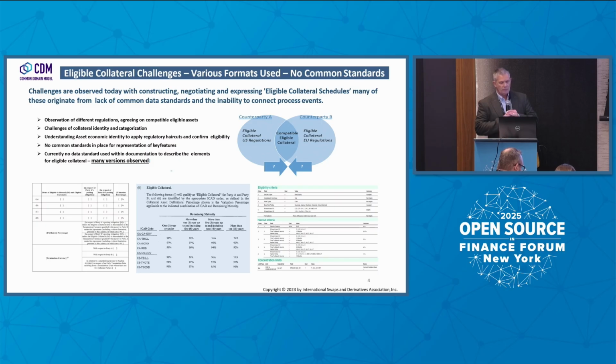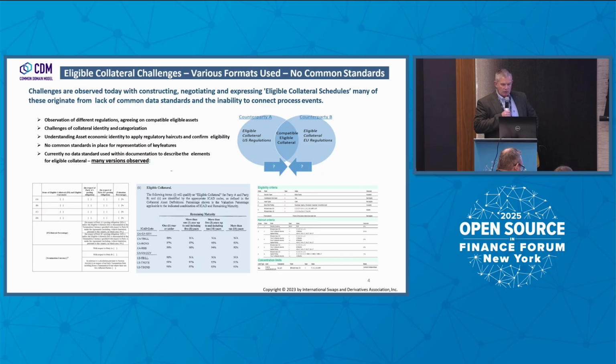So, eligible collateral schedules, if you're familiar with them, is where we represent collateral assets and their eligibility terms to exchange between one another within their documentation for collateral management. And in recent years, we've had many different regulatory drivers that have added more complexity to these eligible collaterals and what needs to be within them and what terms they contain.